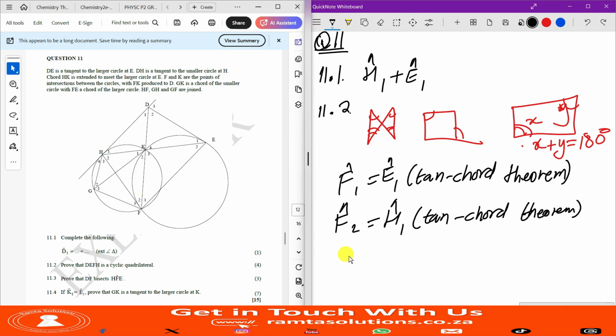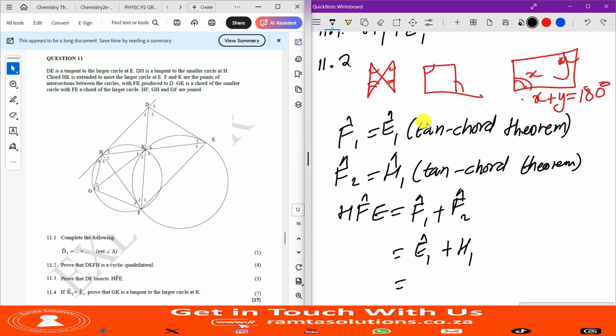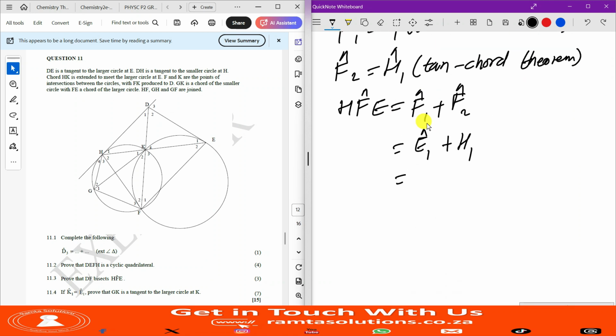Now I can see that angle HFE is equal to angle F1 plus angle F2, which is equal to angle E1 plus angle H1. So what is this? E1 plus H1. Didn't I just find it somewhere there? Yes, I did. We said this is D3.